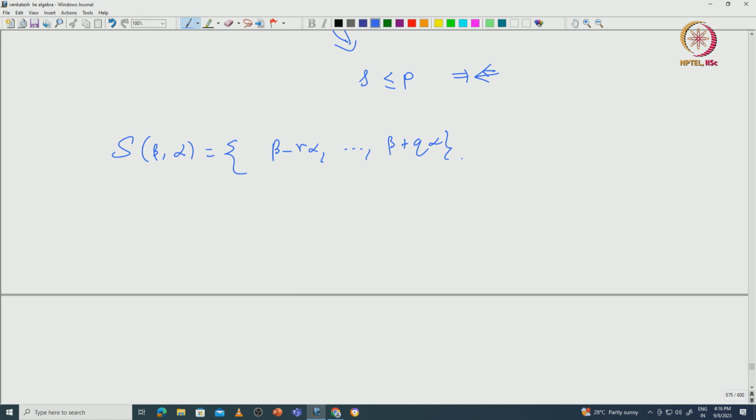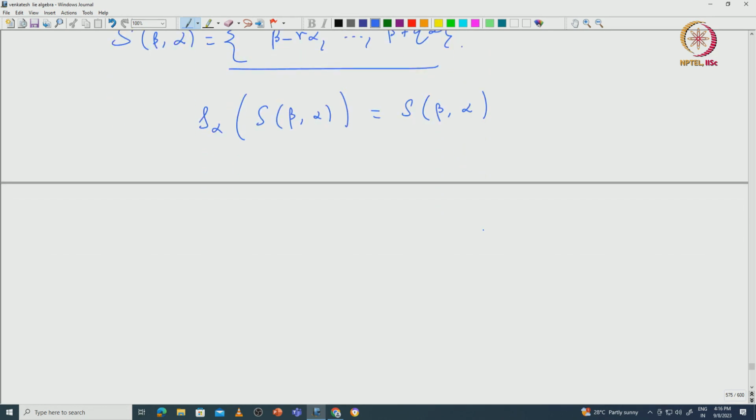So, in particular, if we take this alpha string through beta and apply S alpha, it is going to add or subtract some alpha with this given root. Since these are the only roots that are there in phi, this makes S alpha leave the alpha string through beta invariant. So, S alpha of the alpha string through beta should be exactly equal to the alpha string through beta.